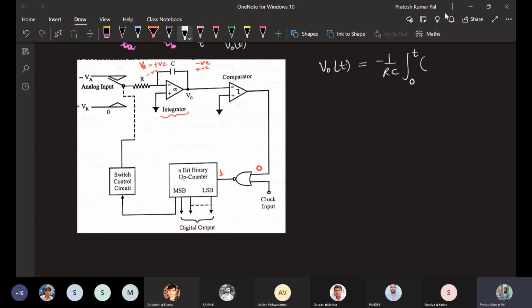Integrating Va with dt, it comes out to be Va divided by RC into T.